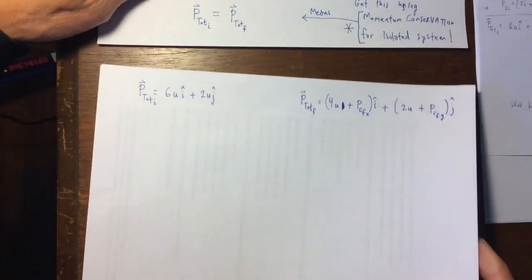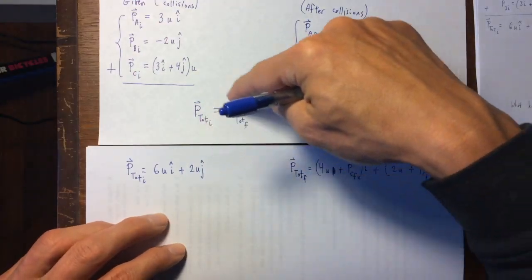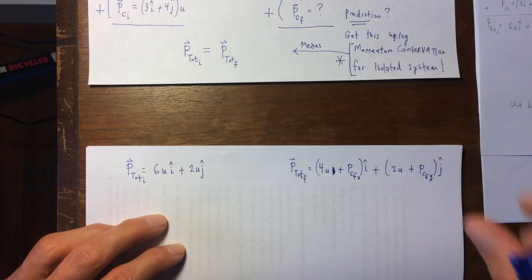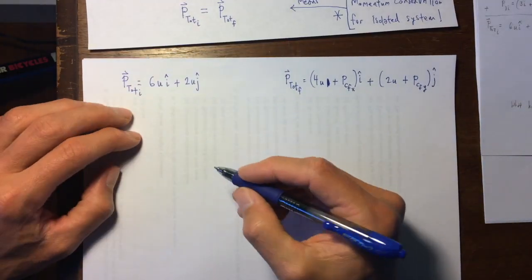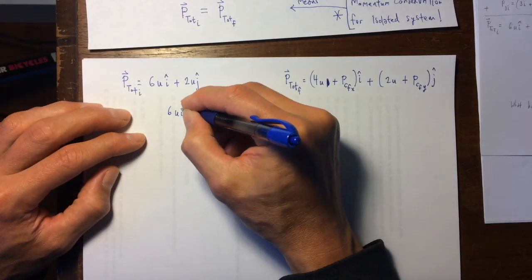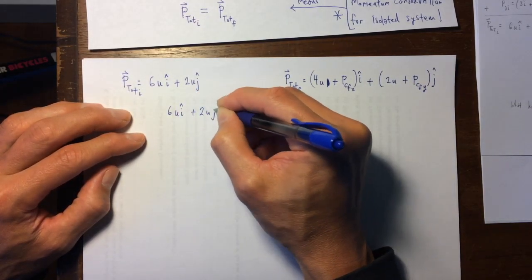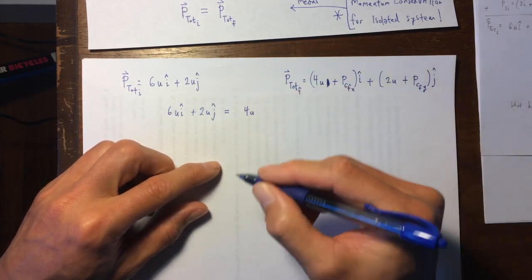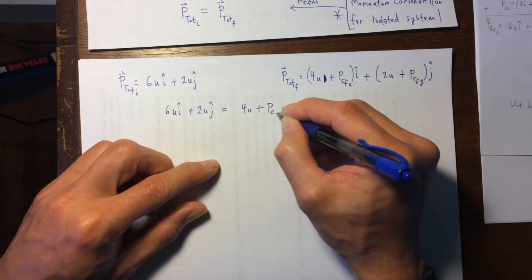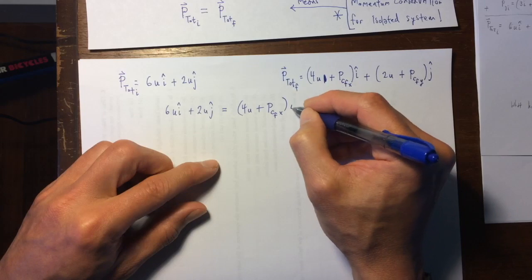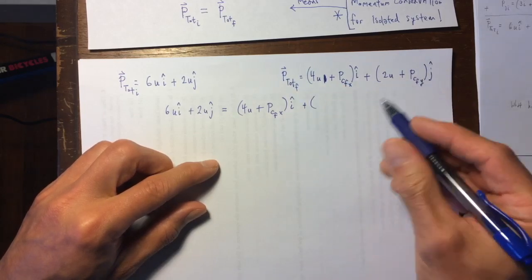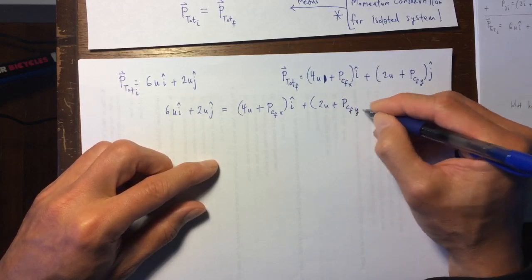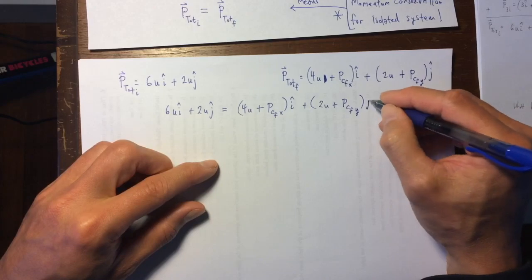And now you can see that if I invoke my physics rule that for an isolated system the momentum before and after is the same value, then you can say that 6u i hat plus 2u j hat is supposed to be equal to 4u plus p sub c final in the x direction i hat, plus this stuff, 2 units plus whatever c has in the y direction final j hat, like this.